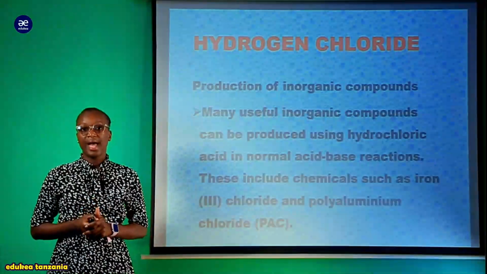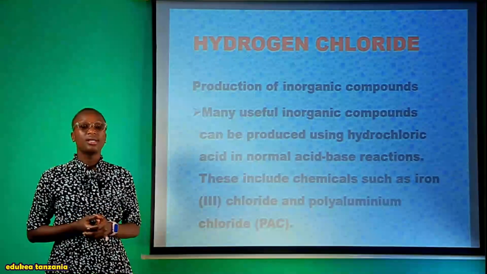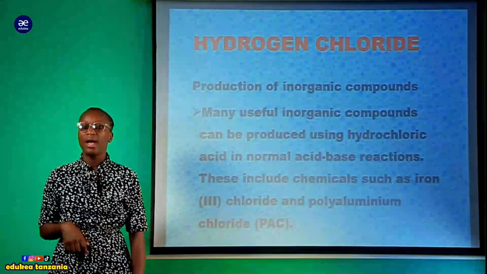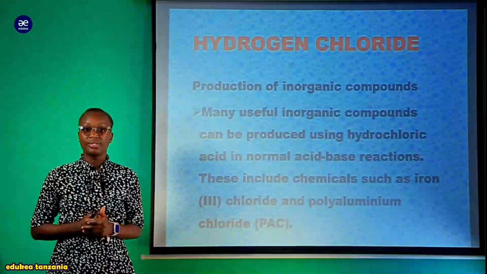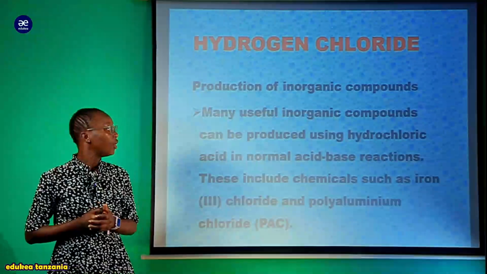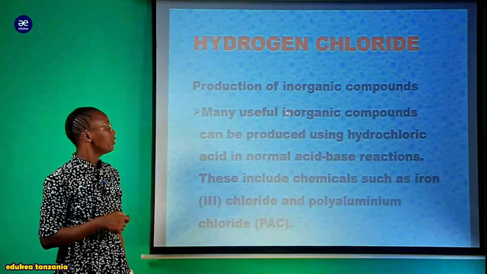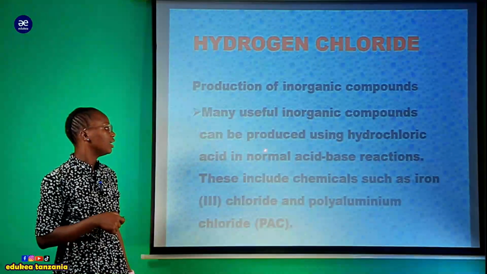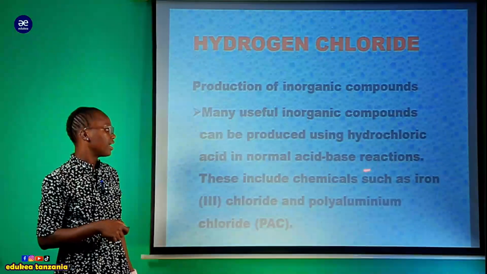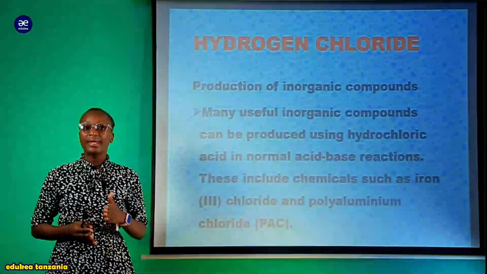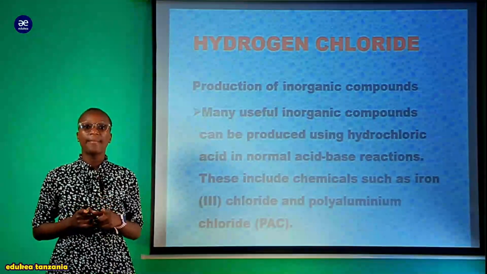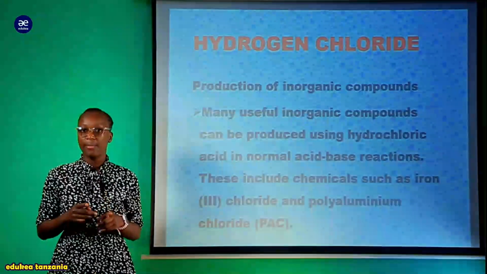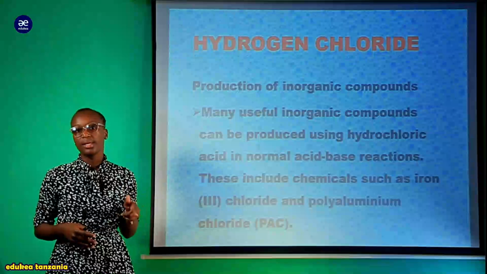Another uses of hydrochloric acid or hydrogen chloride gas is production of inorganic compounds, kwamba yenyewe inatumika katika kuzalisha inorganic compounds. Now many useful inorganic compounds can be produced using hydrochloric acid in a normal acid base reaction, kwamba hizi inorganic compound tunajua kwamba ni zile compound ambazo haziko made up of carbon and hydrogen, haziko made up of hydrocarbons as we know inorganic compounds.